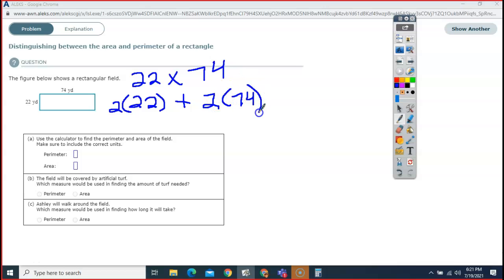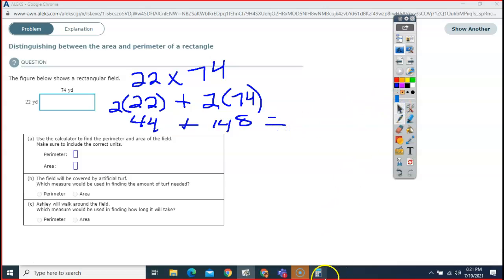All right. I know this is 44. 74 and 74 is, 7 and 7 is 14, 148. All right, so that's what I'm going to be adding up for perimeter.